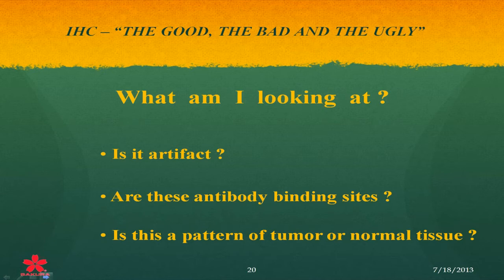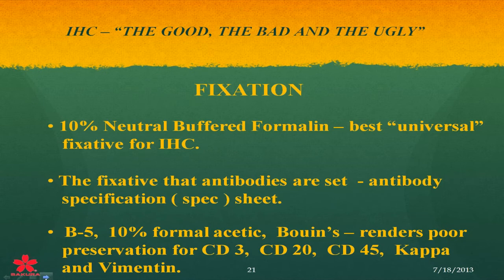Have you ever wondered, well, what am I looking at? Is it artifact? Are these antibody binding sites? Is this a pattern of tumor or normal tissue? All of us are familiar with 10% neutral buffered formalin, but it's still the best universal fixative for IHC.